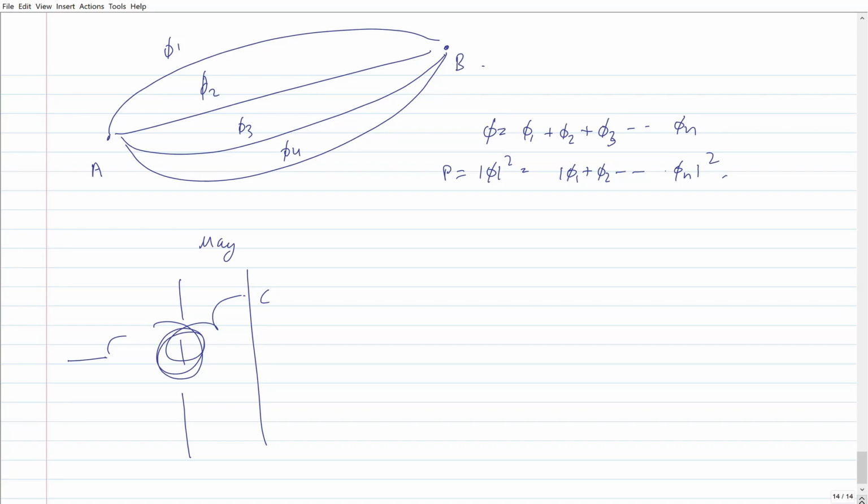And that is the hallmark of quantum mechanics, where as long as your processes are indistinguishable, then I'll add up probability amplitudes.